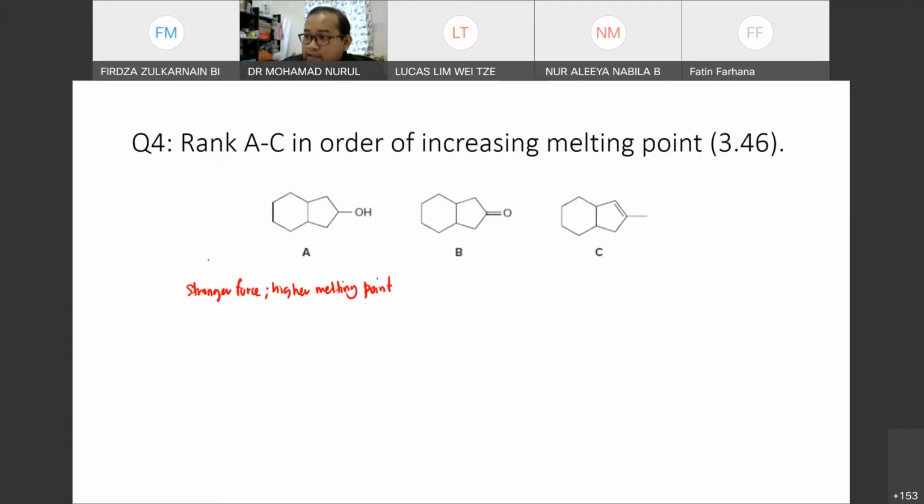This is the point. Based on the statements, choose wisely. For this one, for A, we have Van der Waals, dipole directions, and the hydrogen bond.